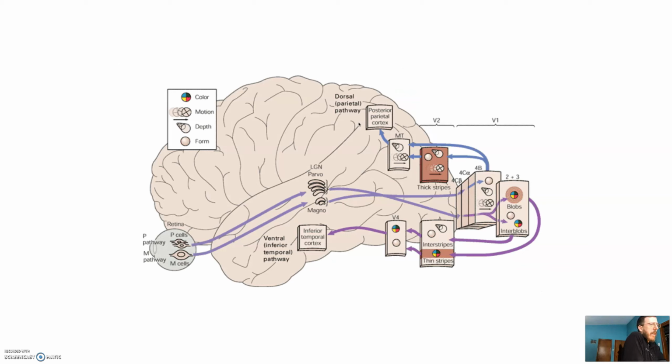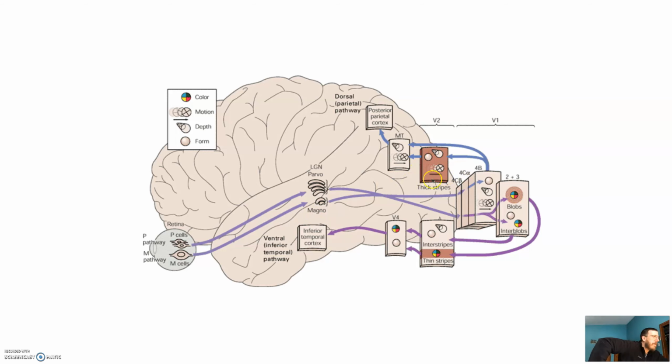This next slide shows that quite well. You can see the particular types of features that neurons in each of these stages of the pathway process. Here you can follow the color information from those blobs and inter-blobs into the thin stripes of V2, onto V4, and then on to the visual processing, which we'll talk about in the rest of this section, in the temporal lobes.